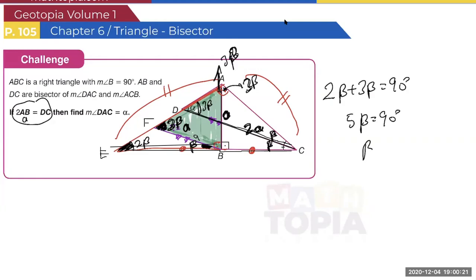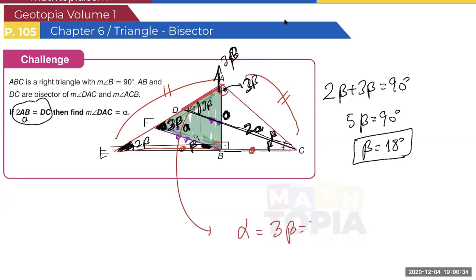Alpha is 3 times beta, which is 3 times 18 degrees, which is 54. Hooray, we got it. That was a nice problem. Thank you for your help, Andrew.